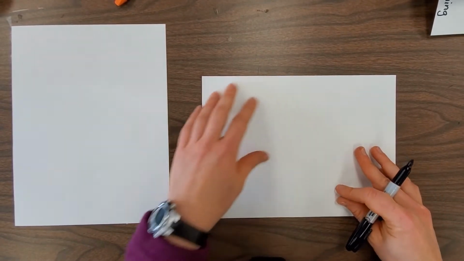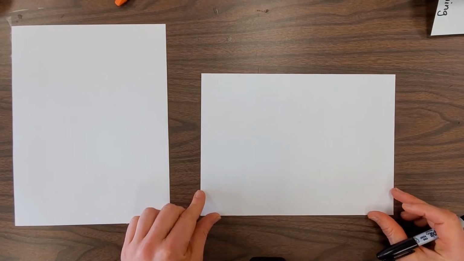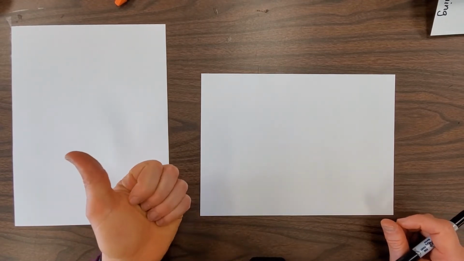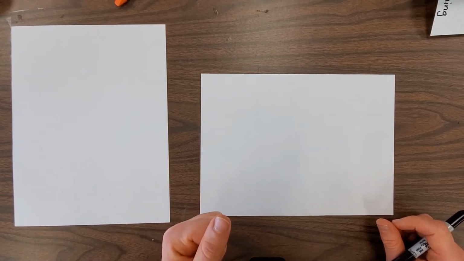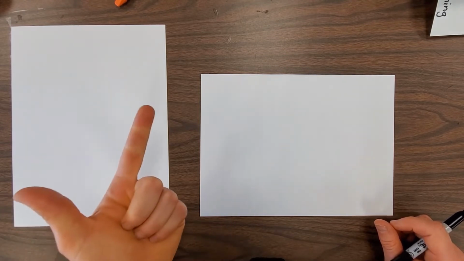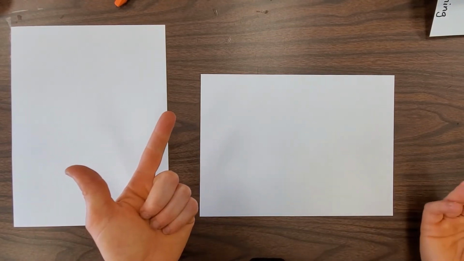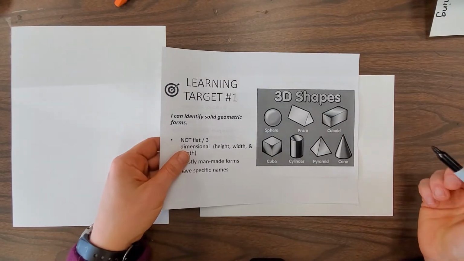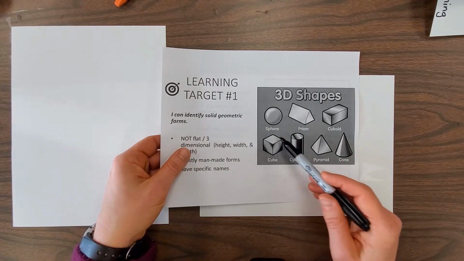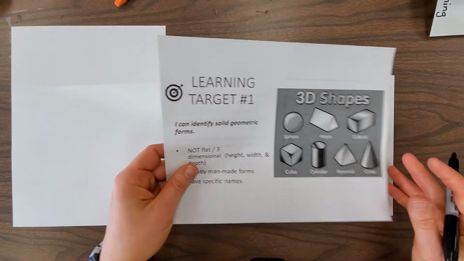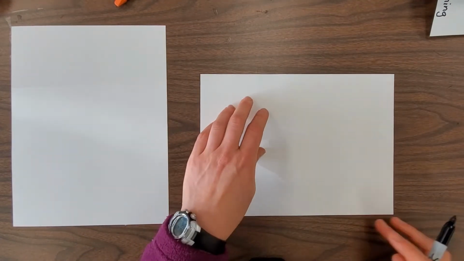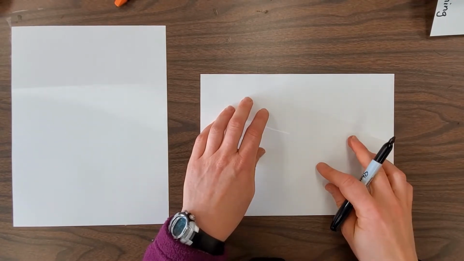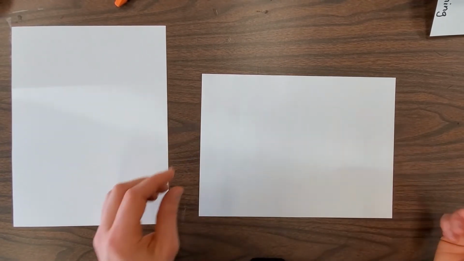I need to kind of think ahead. For my geometric shape, I'll do a heart, then a wibbly wobbly organic shape of my own creation, and then a 3D shape, a cube. I know that I need to fit a heart, a cube, and then an organic shape somewhere on here.